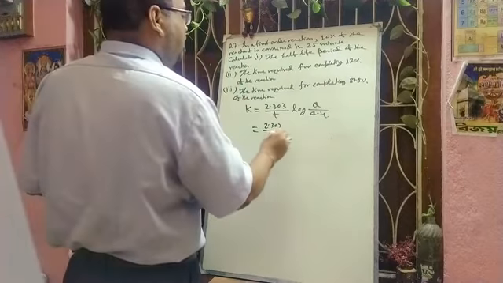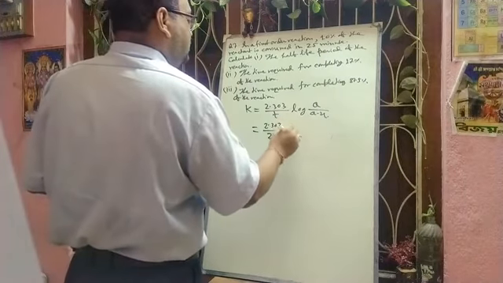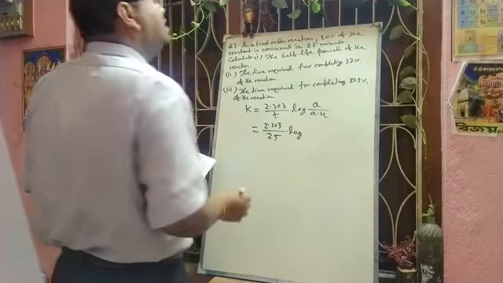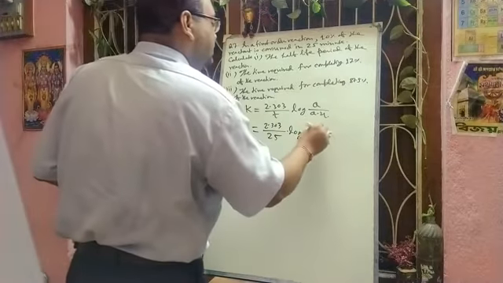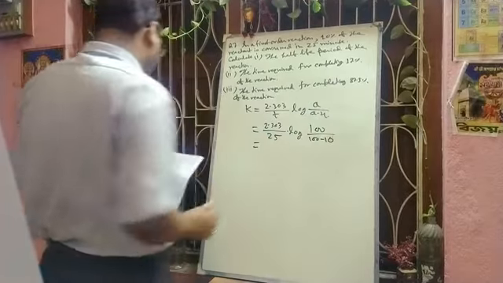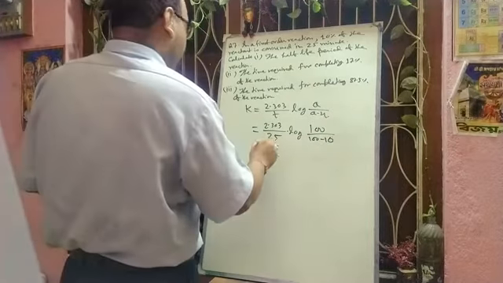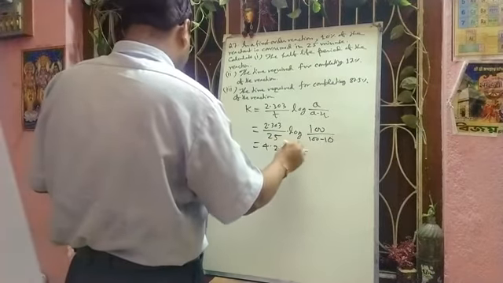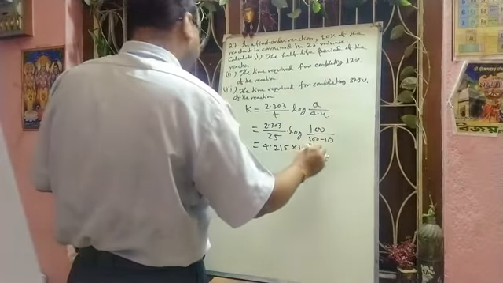So here we are putting 25, log 100 divided by 100 minus 10. So if you calculate, you will get the value 4.215 into 10 to the power minus 3 minute inverse.